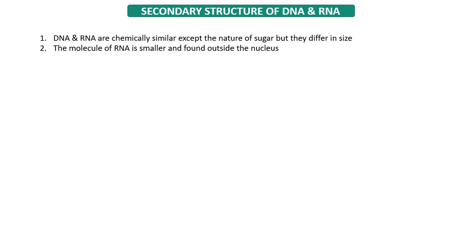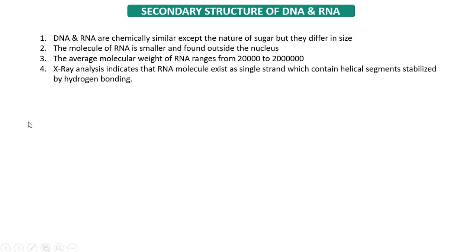Then another important point is that the average molecular weight of RNA ranges from 20,000 to near about 20 lakhs. So the weight of RNA is also very big, but it is less as compared to DNA, I can say.